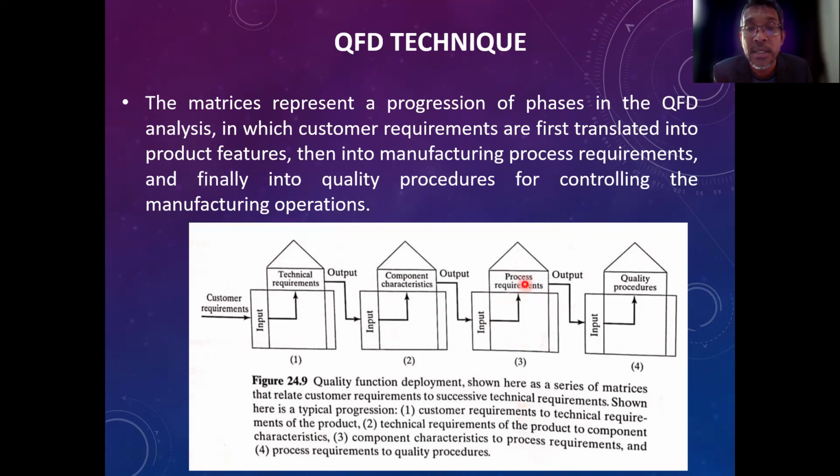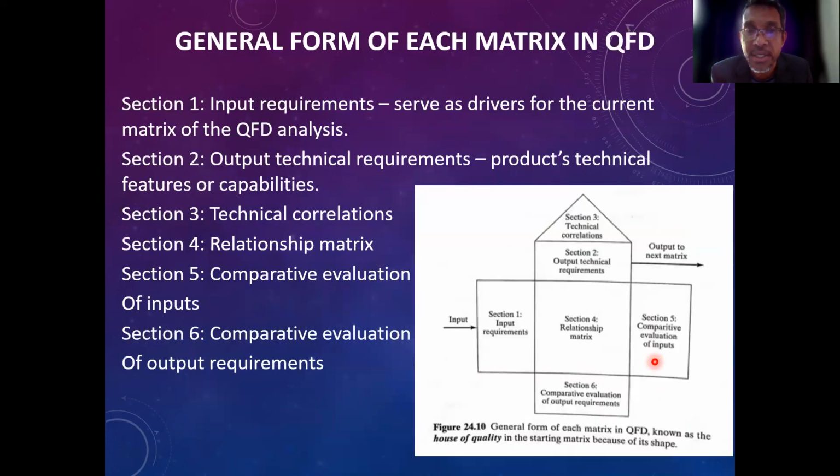We need to analyze, to plan, and then give it as input to the quality procedure to find out the quality of the design, so the functionality, the appearance. So this is the input for this QFD quality procedure. So this can control the manufacturing operation.